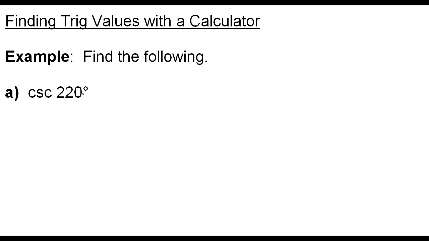So remember that the cosecant, and you don't have a CSC button on your calculator, but remember that the cosecant is 1 over the sine. So the cosecant of 220 degrees is 1 over the sine of 220 degrees. So in your calculator, you need to find the sine of 220 degrees, and then you have two options.